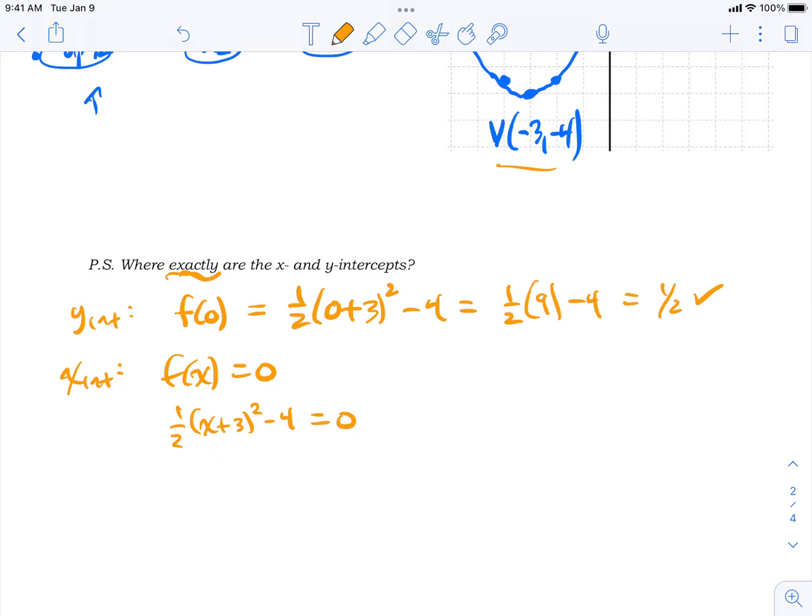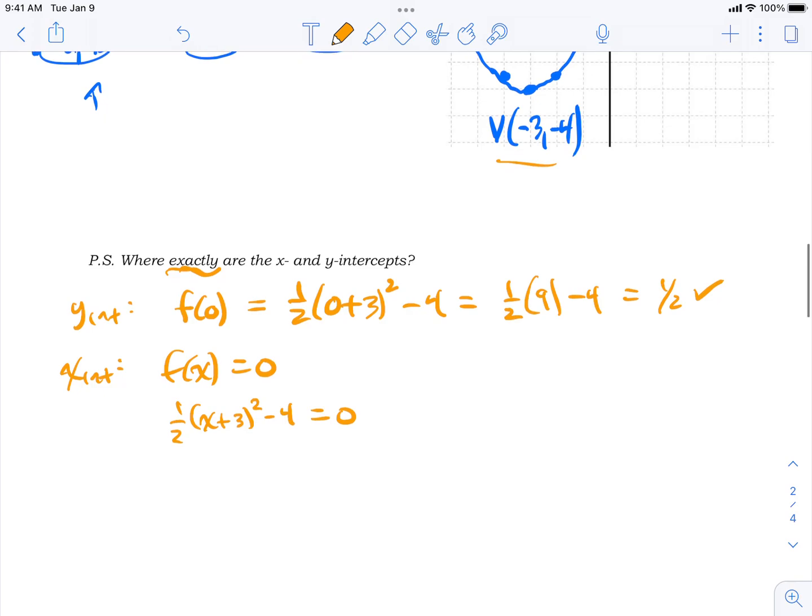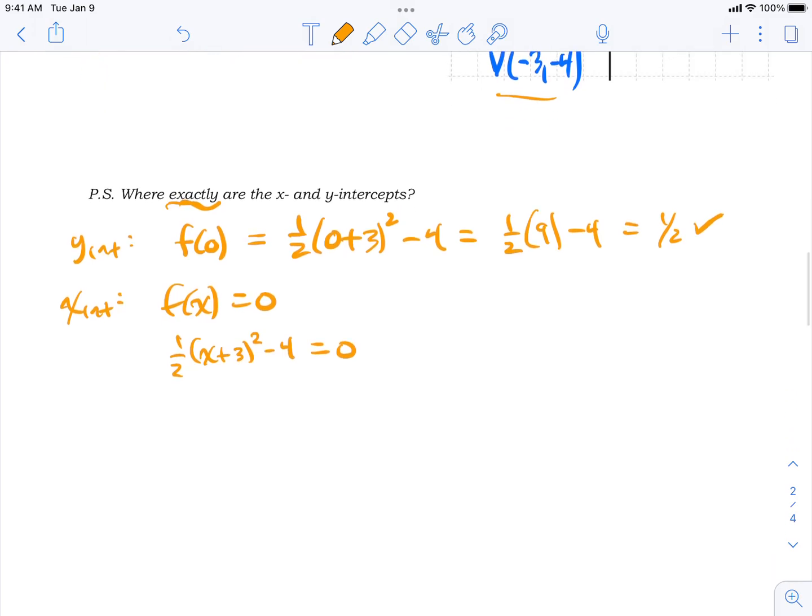So you might be tempted to start foiling this out or something, but hopefully you might remember back a few lectures I talked about something called the square root method. X is only here. That's the only place x shows up. It shows up in a square bubble type thing, whatever you want to call it.